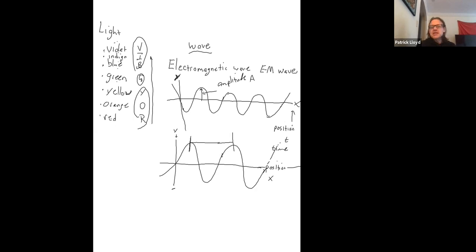You've got peaks and troughs. The trough is the minimum, the peak is the maximum, right? And that is called the wavelength. And if you think about it, since we're measuring length or position on the x-axis, really what you're saying is how far apart are these peaks?